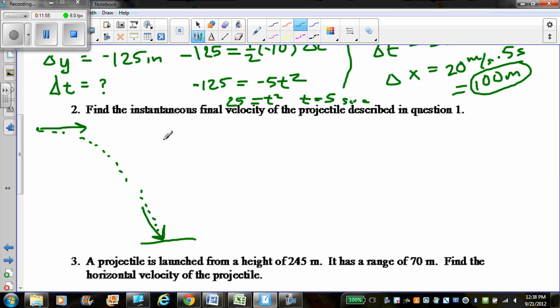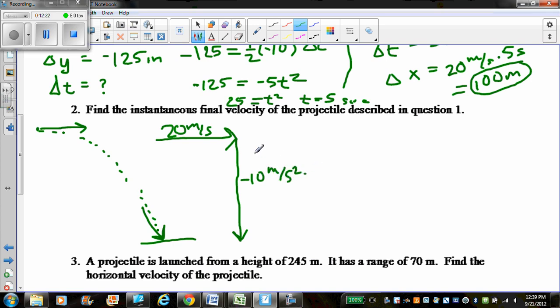That velocity has two components. It has a horizontal component that I already know about. The horizontal component is the 20 meters per second. It also has a vertical component. It has been in the air for 5 seconds, and it's accelerating at -10 meters per second squared.